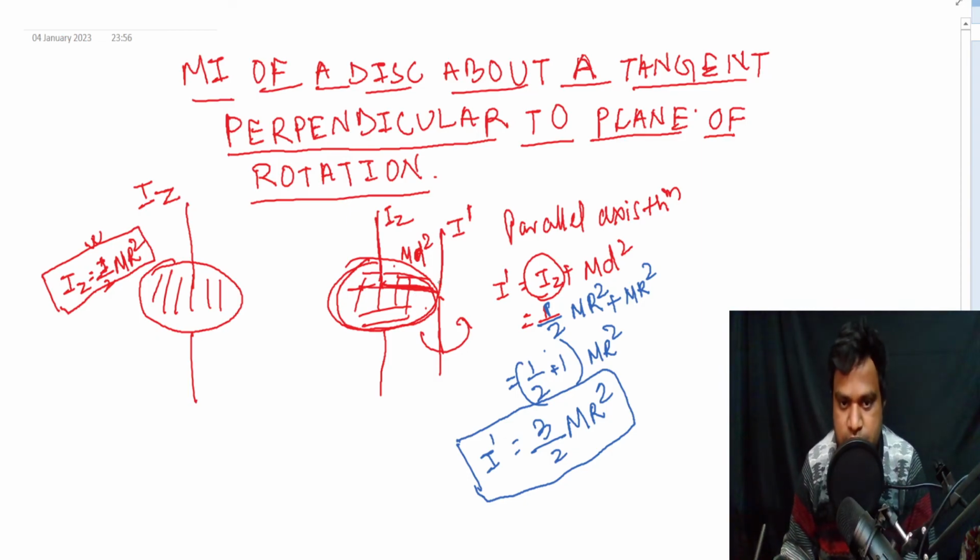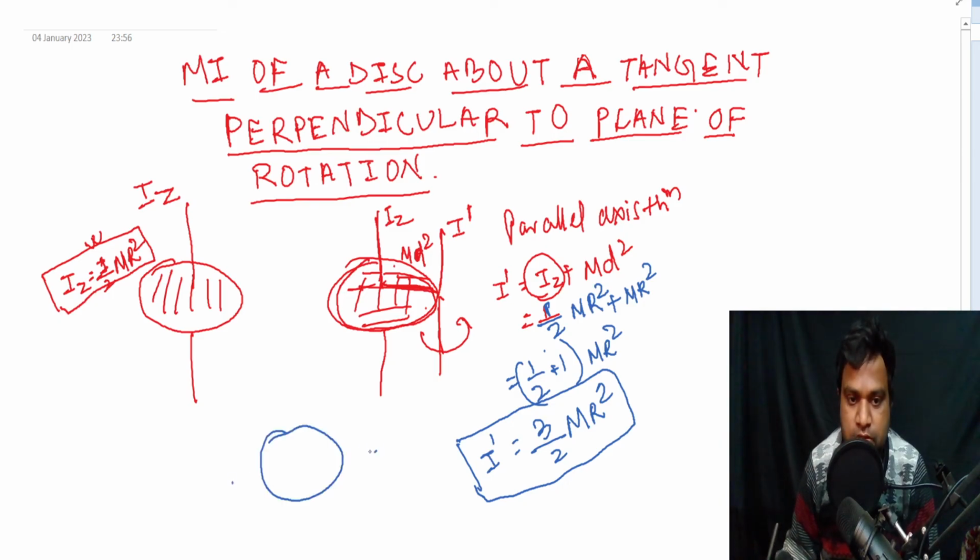Also we can find out the moment of inertia about a tangent parallel to the plane of rotation. That means the tangent which is like this. And so here what will be the moment of inertia? So you can use parallel axis theorem, but take an axis about the diameter. So in the last video we have found out the moment of inertia about the diameter. We have found out that it is 1 by 4 mr square, and this one will be md square or mr square.